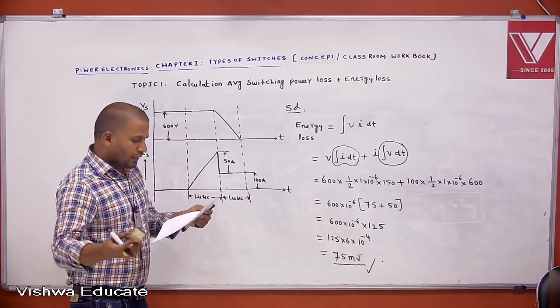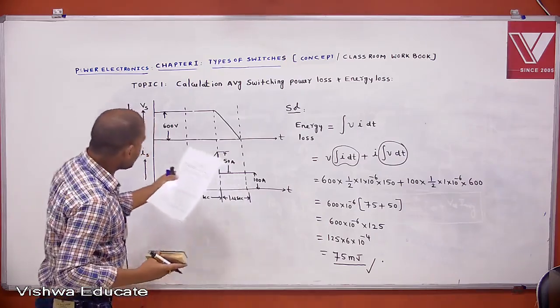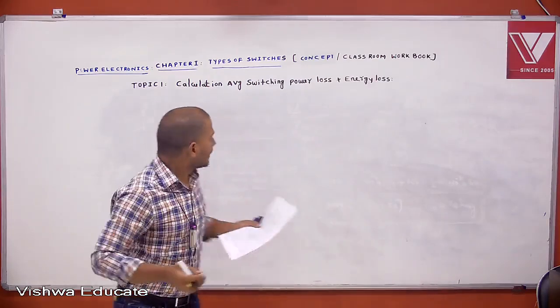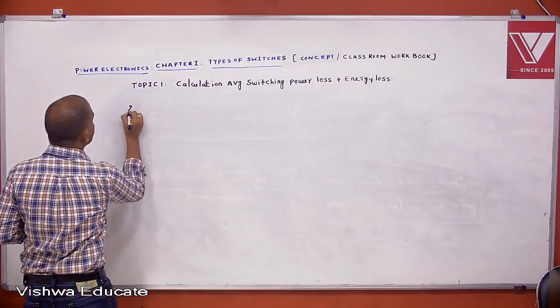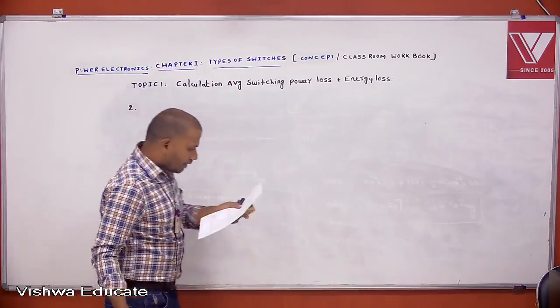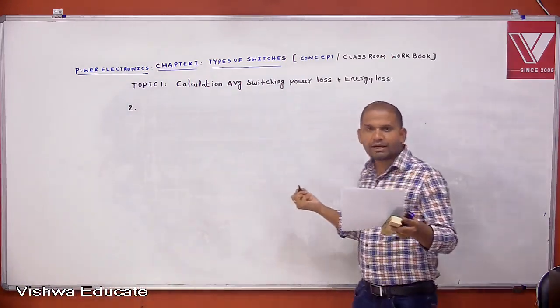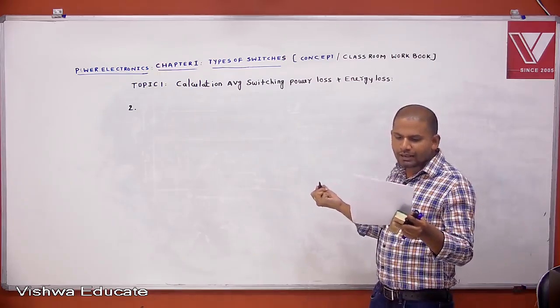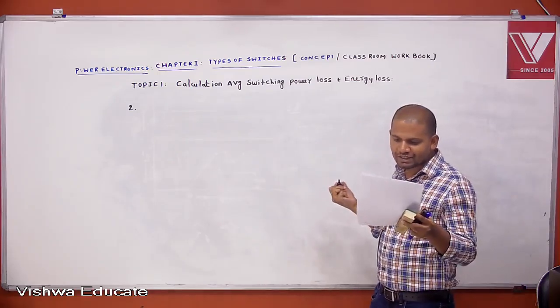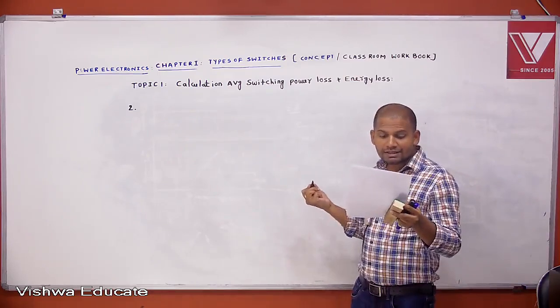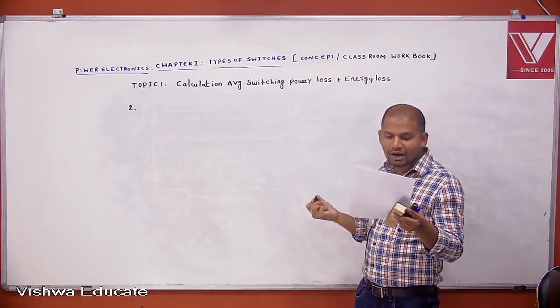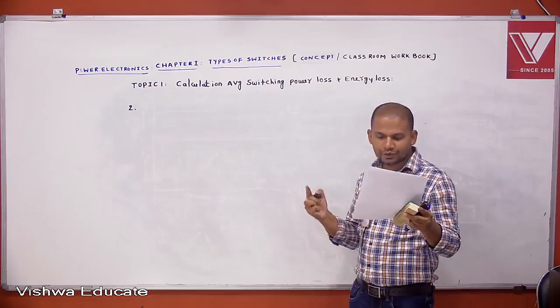Understood. Then go for the next question. The second question. The figure shows the voltage across a power semiconductor device and the current through the device during switching transitions. Is the transition a turn-on transition or a turn-off transition?